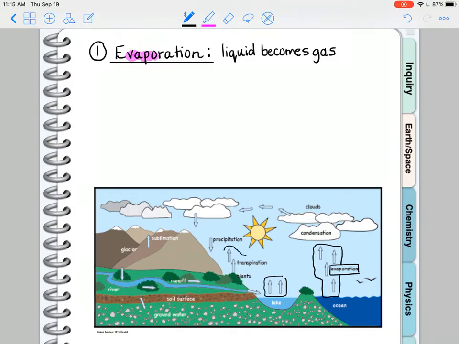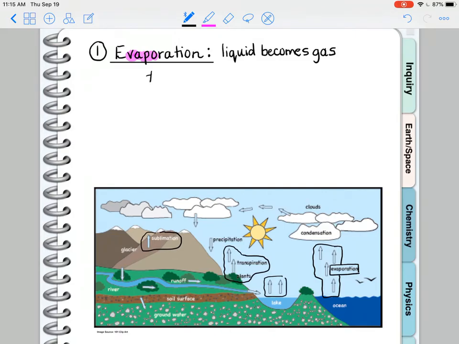Well, right there is one of them, plants and transpiration. And then sublimation, the arrow is going up there. So I can assume that all of those are related.